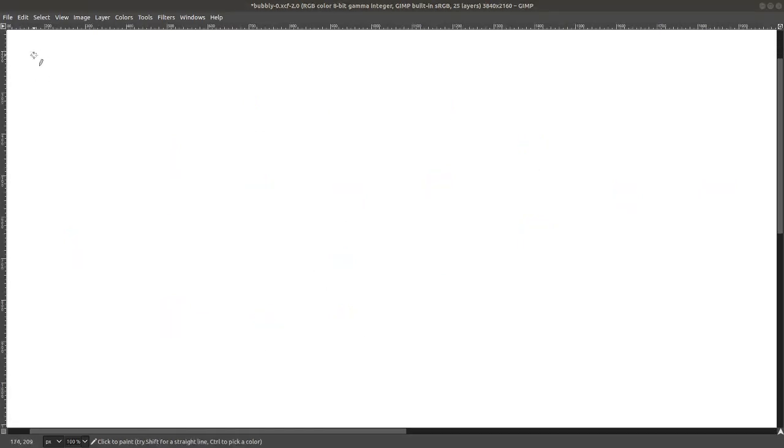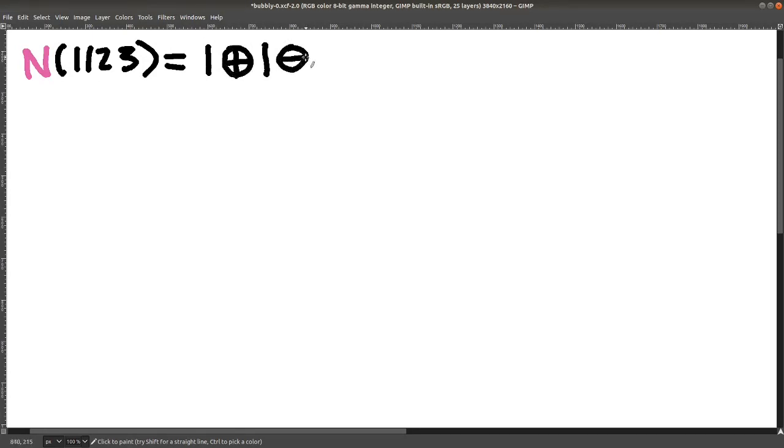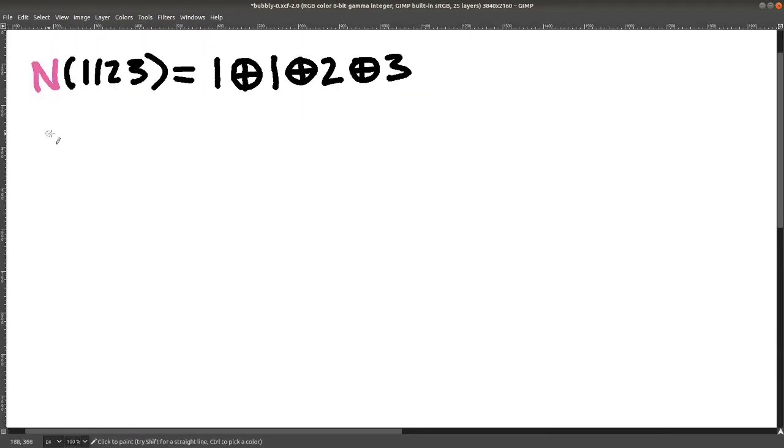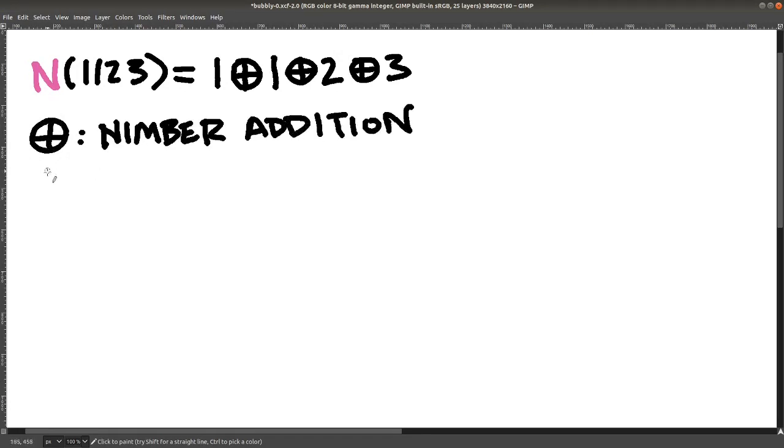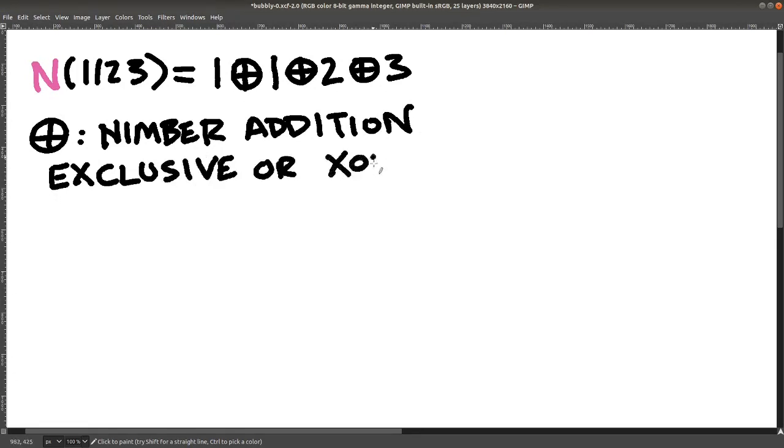All right, here it is. So as an example, the nimber of state 1, 1, 2, 3 is equal to 1 ⊕ 1 ⊕ 2 ⊕ 3. And this circled plus sign is known as nimber addition, also known as exclusive OR, XOR.